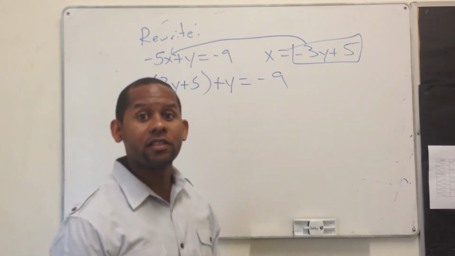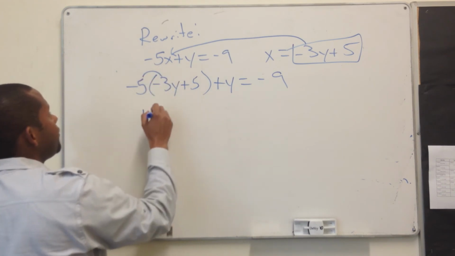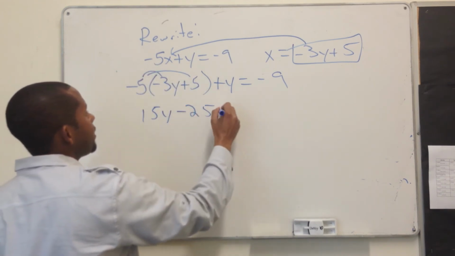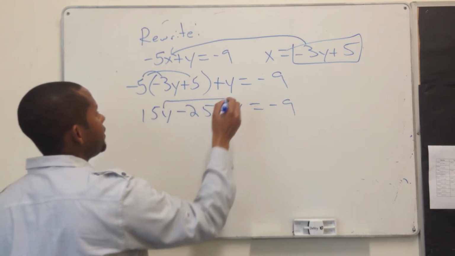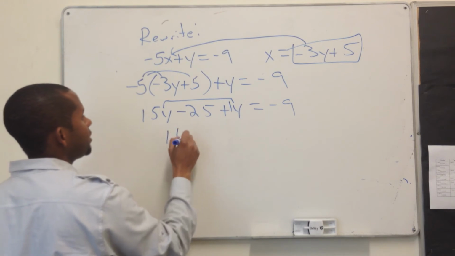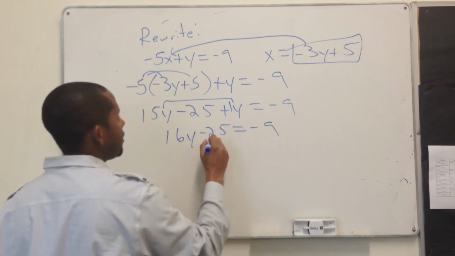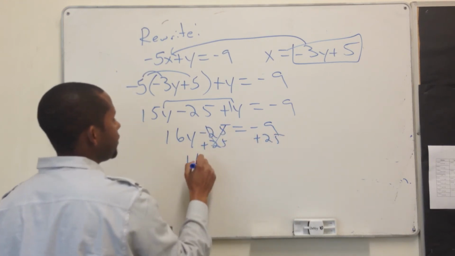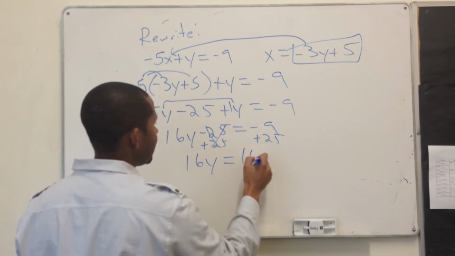Now I just need to solve the simple equation. Boom, got this. 15y minus 25 plus y equals negative 9. Combine these terms: 15 and 1 is 16y, minus 25 equals negative 9. Plus 25 on both sides, 16y equals 16.